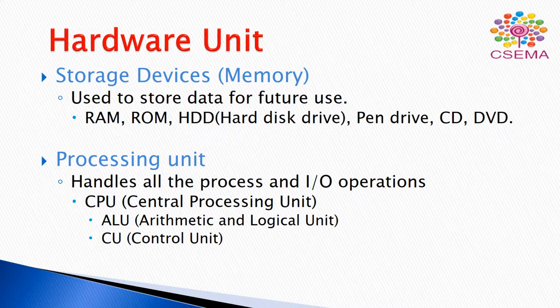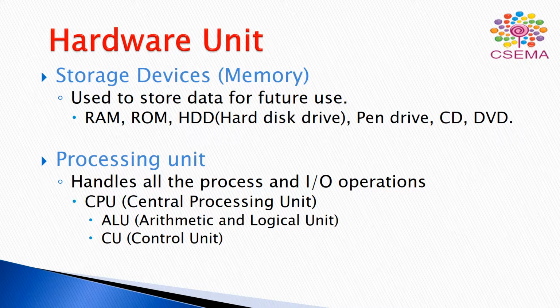Storage devices are basically semiconductor devices, that is, memory, and this memory is used to store data for future use and immediate and temporary accessibility. It can be RAM, random access memory, ROM, read-only memory, hard disks, pen drives, and CD and DVD.